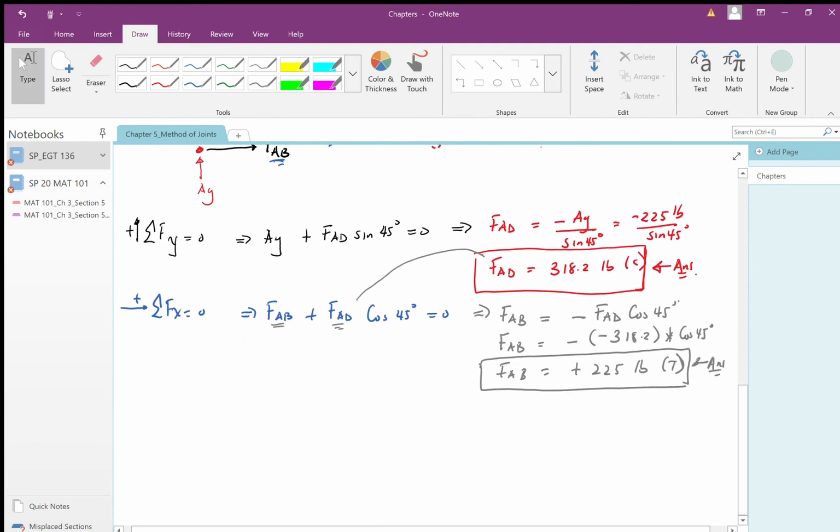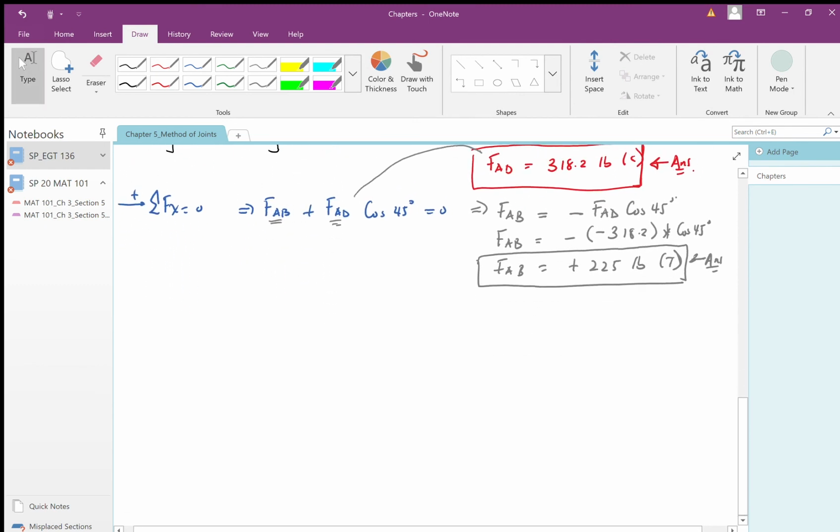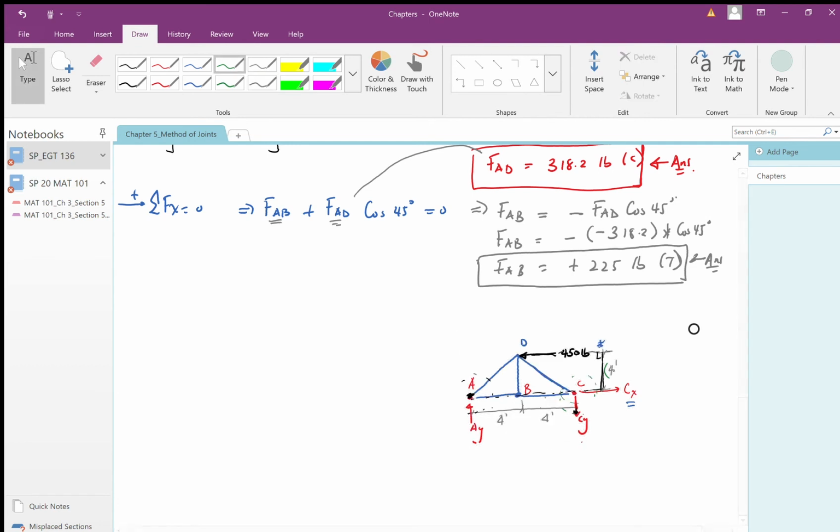Okay, so we're done pretty much with this joint. Now let's move on to the next joint. I'm just going to paste this here. Okay, let's move on to joint C. When I look at joint C, I have a few forces acting on it. I have this force right here, CX. I have CY.